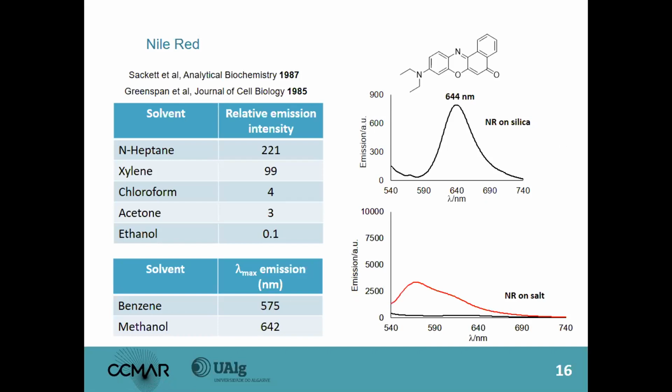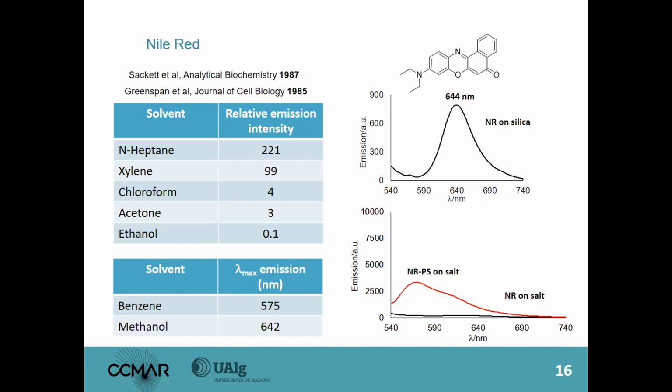But if we analyze for comparison purposes the emission from the particles of polystyrene with covalently linked Nile red, we will see an emission of Nile red compatible with a non-polar environment, which was expected as Nile red is covalently linked to the polystyrene surface.